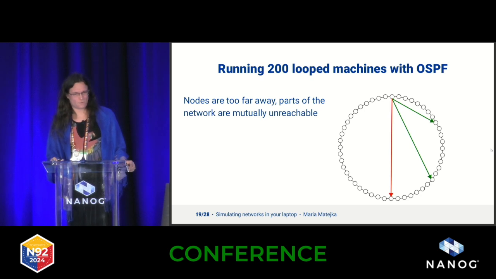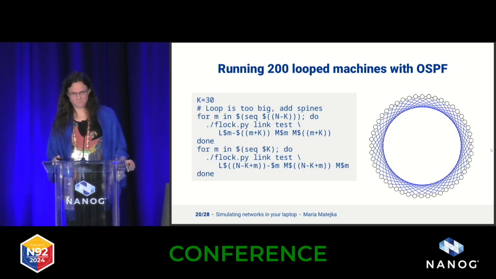It's actually quite an unreasonable network. You won't see any network like this in the real world. So I made the network a little bit more unreasonable, added some spines, and it's just another bunch of commands saying, please add some nodes, and these are added.